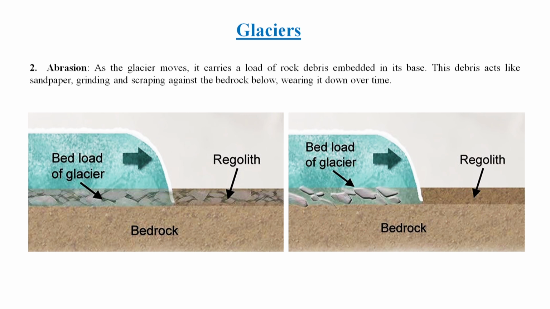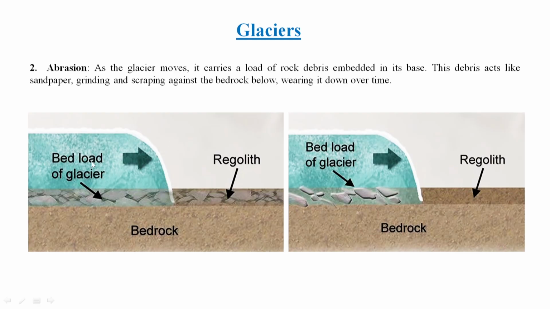Simply, if you are moving sandpaper over some surface, even if it is a rugged or undulatory surface, due to a long period of this continuous scratching by the sandpaper, over time it will tend to become flat.